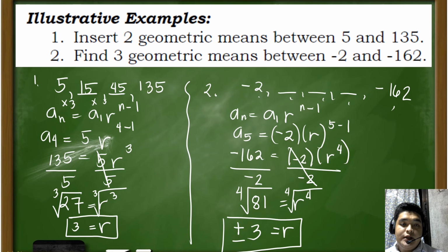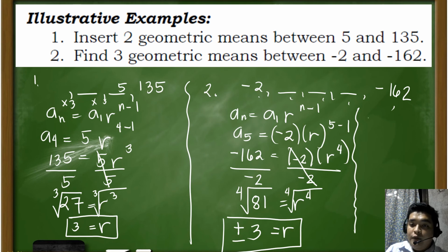Let's proceed. If our r is positive 3, negative 2 times positive 3 is negative 6, times 3 is negative 18, times 3 is negative 54, times 3 is negative 162.